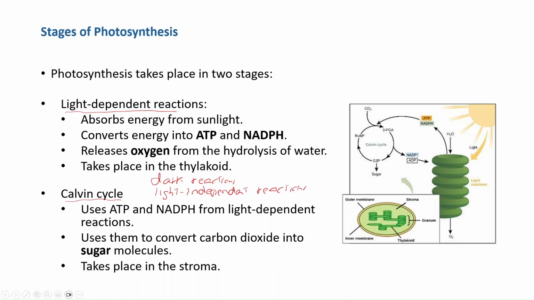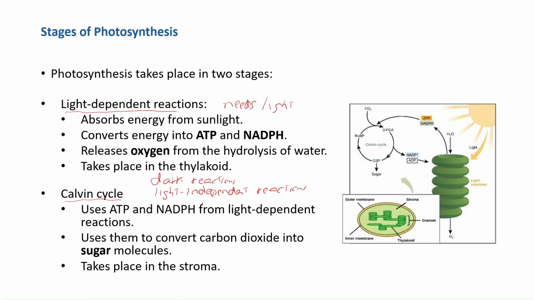I like that because light dependent means that it needs light. Well, light independent doesn't need light. That is, to me, a very useful name. But some people say, no, we are going to call it the Calvin cycle to honor Calvin because he spent all his life studying the Calvin cycle. Okay.